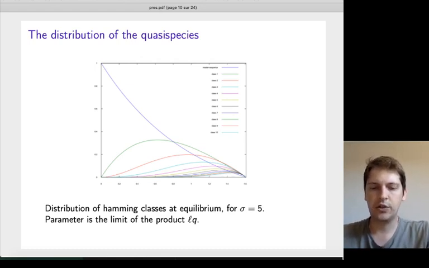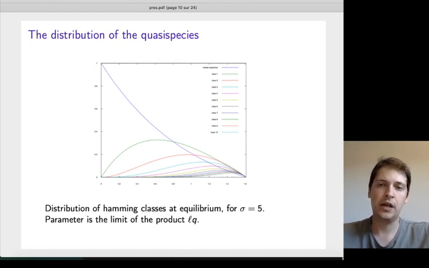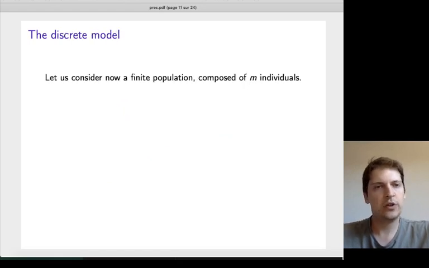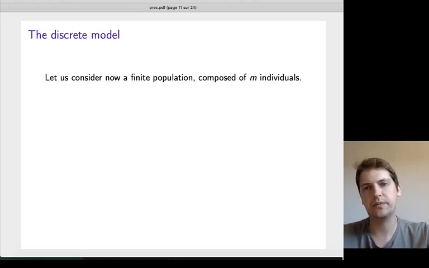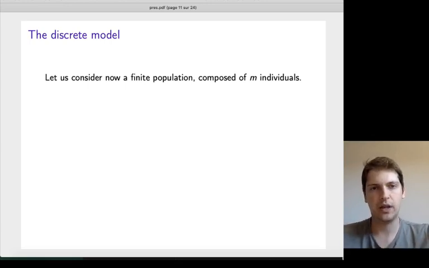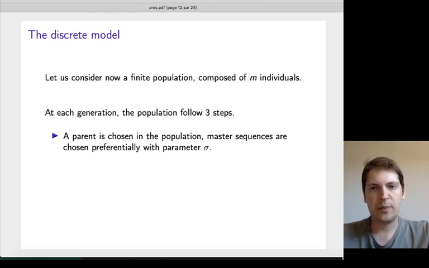So what we're going to do is implement the principles that we just saw in discrete models. We could do this in different discrete models such as the Wright-Fisher model or Galton-Watson trees, but we'll focus on the Moran model. The Moran model is a discrete model. At each generation, the population follows 3 steps, which are repeated infinitely. First step, a parent is chosen in the population.